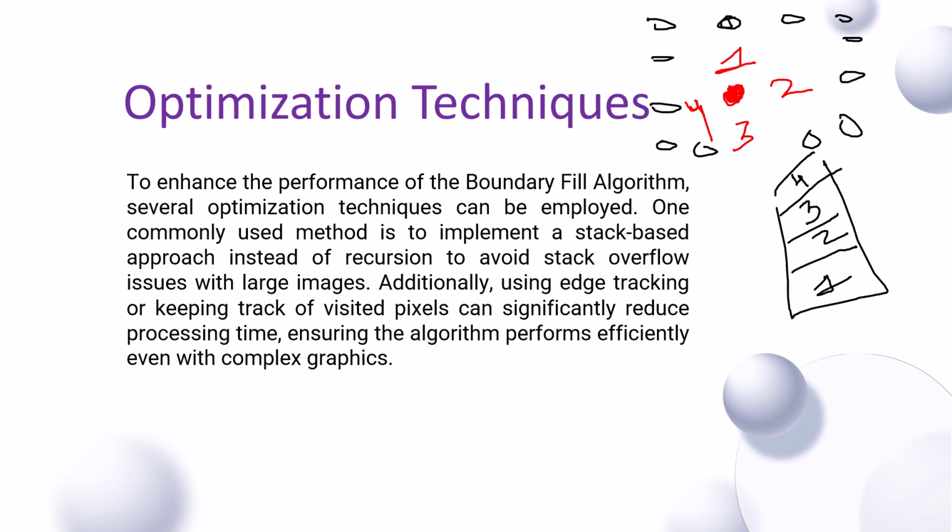Let's fill 4. Then we check the adjacent of 4. These are boundary. The adjacent is this one. This adjacent is already filled. Let us name it 5. Then 5 comes. Then we fill 5. In this way, we fill all of its inner pixels except the boundary.